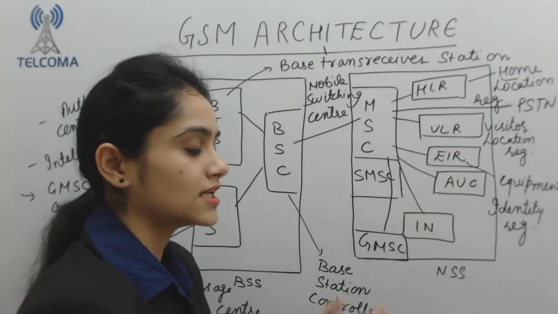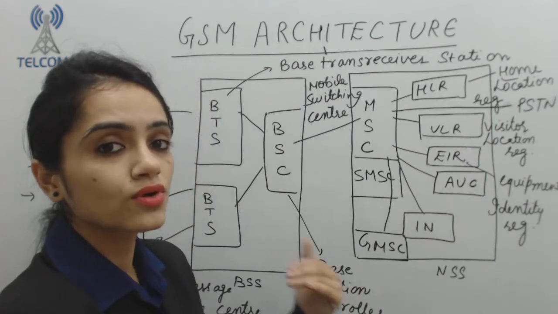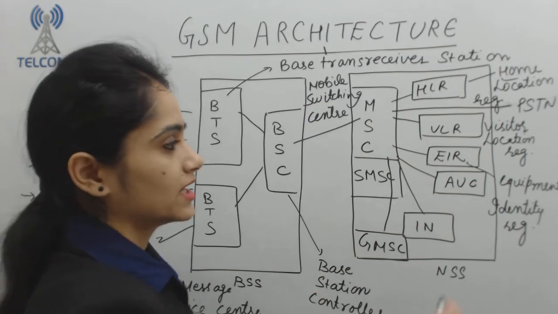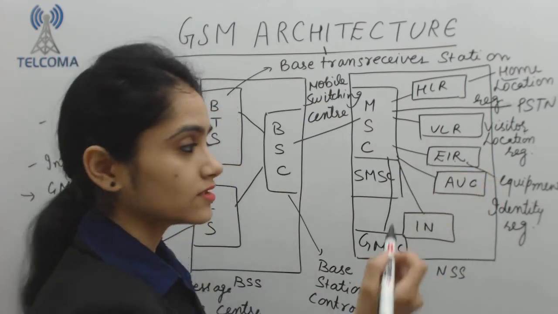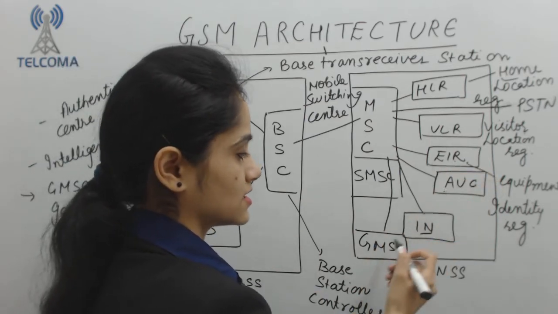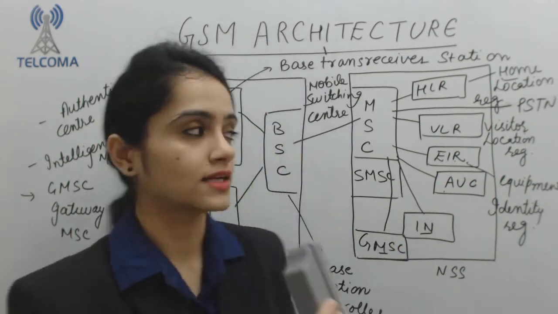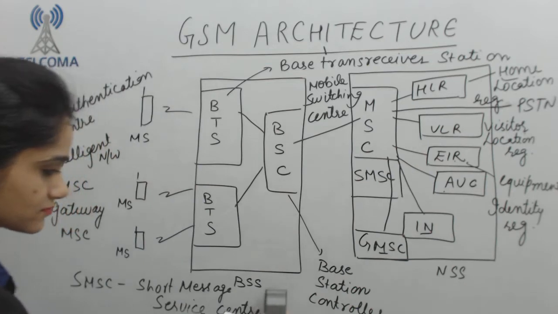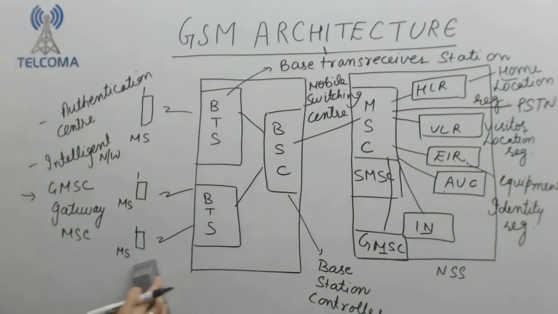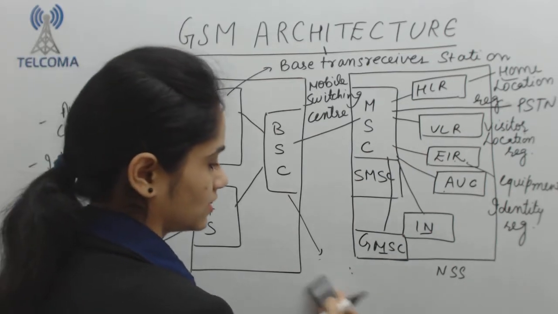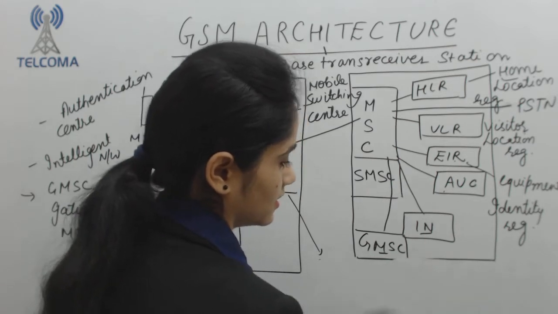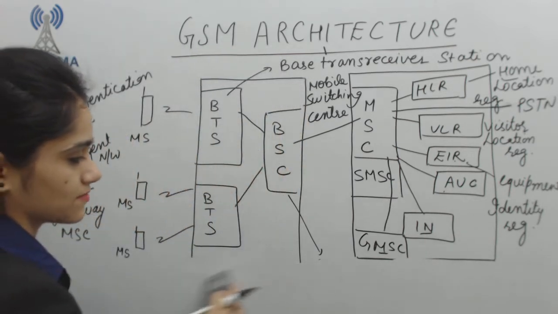These are the databases storing values in them. Then the equipment identity register, authentication center, intelligent network, and gateway MSC. So these are the units in the NSS part. Now we are left with the NMS part, that is, what units are there in the NMS or OSS part.